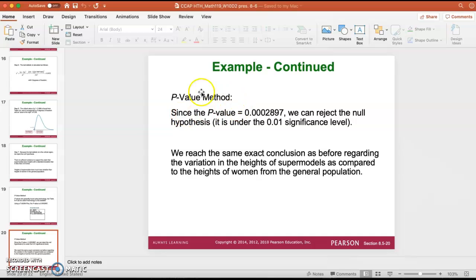If you were to do the p-value method, you'd find that the p-value is very small, 0.0002897, which is much smaller than 0.01, so you would still reject the null hypothesis and reach the same conclusion.